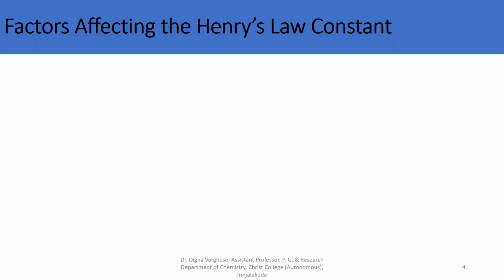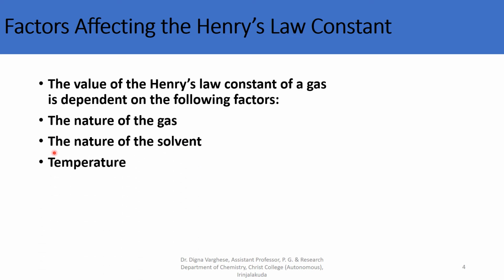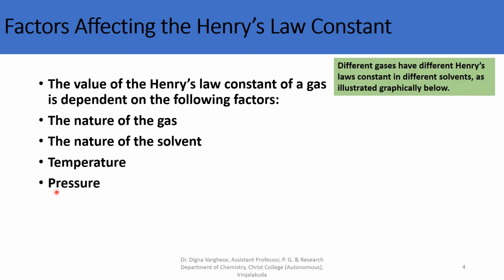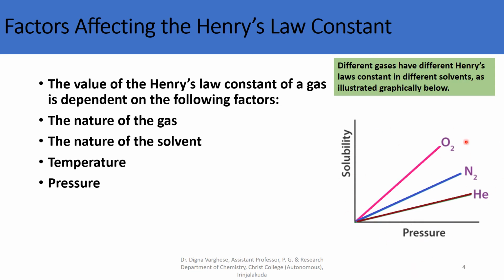Factors affecting Henry's law constant, that is Kh. The value of Henry's law constant of a gas is dependent on the following factors. First one is nature of the gas, second one is nature of the solvent, third one is temperature, and the fourth one is pressure. Different gases have different Henry's law constants in different solvents, which is illustrated graphically in this picture: solubility against pressure for oxygen, nitrogen, and helium.